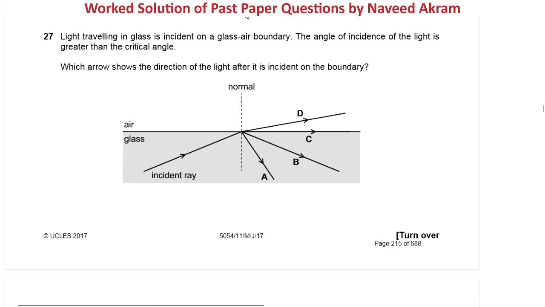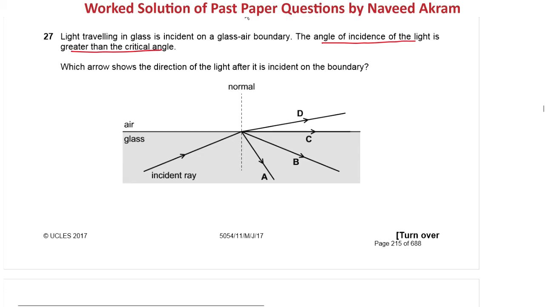Okay, the angle of incidence of light is greater than the critical angle, and light is traveling in glass, from glass to air. So whenever light passes from optically denser medium to optically rarer medium, which is the case in this question, and the angle of incidence is greater than the critical angle, total internal reflection occurs.